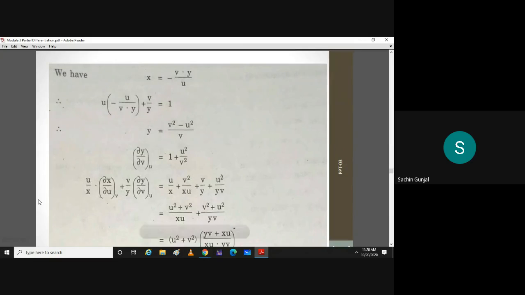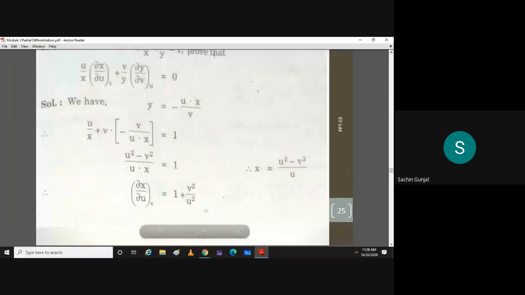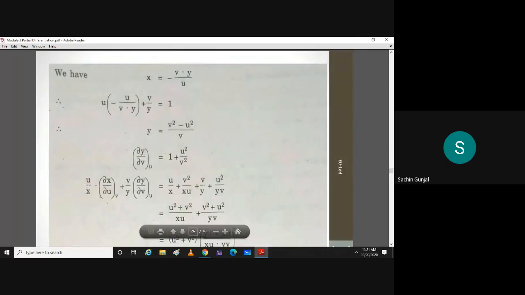So take the LHS now: u by x into ∂x/∂u suffix v plus v by y into ∂y/∂v. Substitute these values. So u by x, ∂x/∂u is 1 plus v square upon u square, and you multiply by u by x to it.